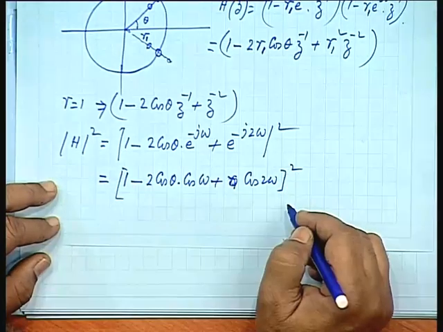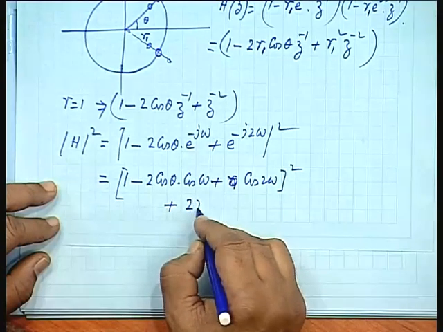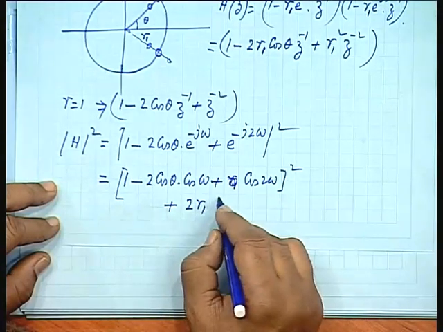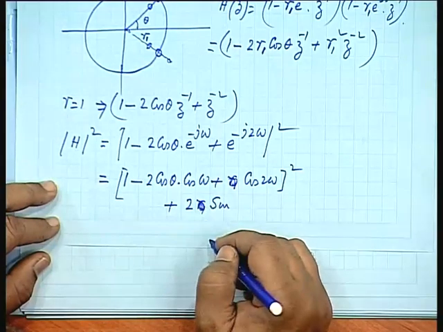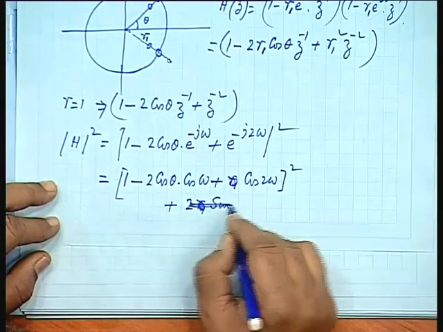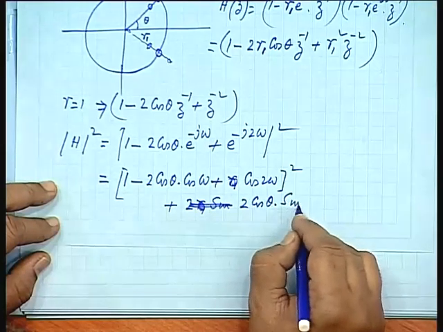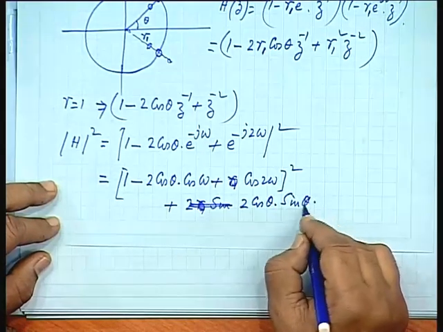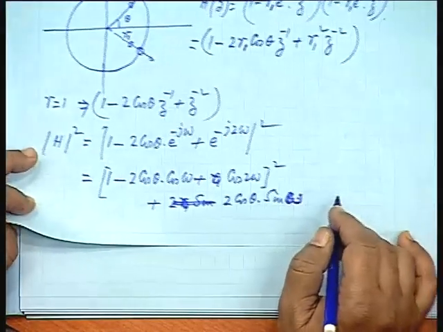That is all. Plus twice r1, r1 is 1, cos theta, twice cos theta sin omega, and is it minus or plus?